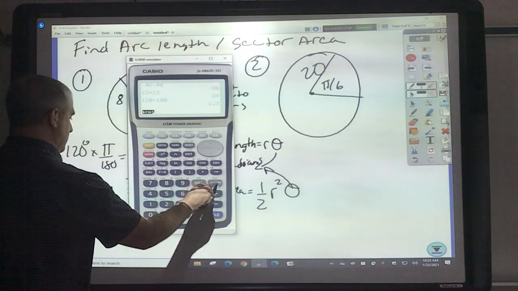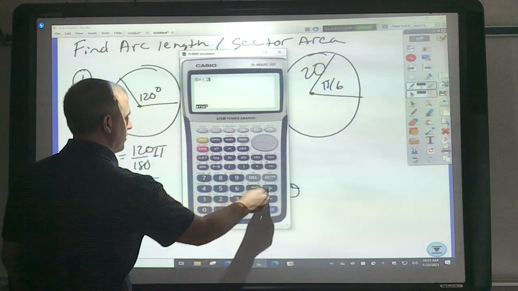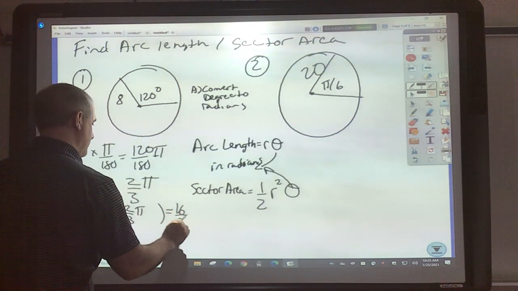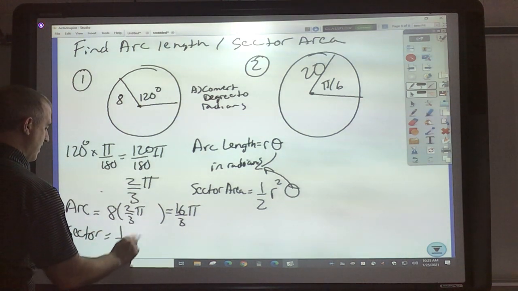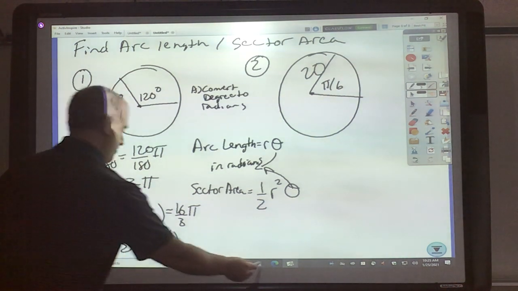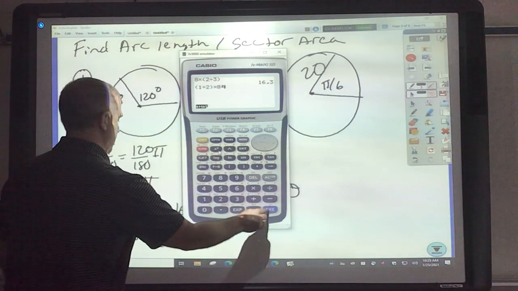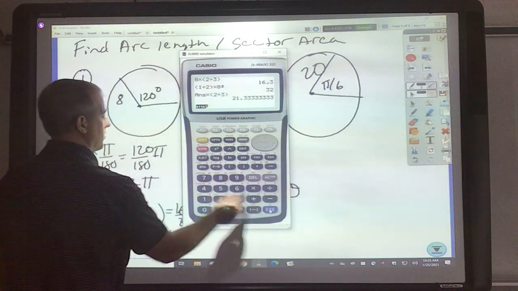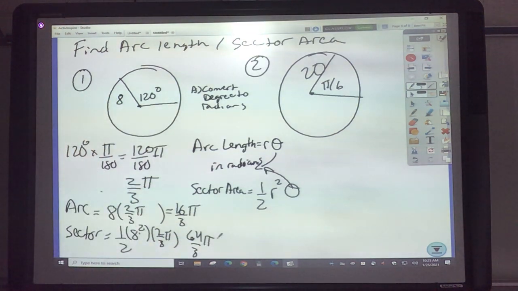So 8 times 2/3 gives a fraction, 16/3 pi. For the sector area, this is 1/2 times 8 squared times the same 2/3 pi. Get yourself a fraction again, that's 64/3 pi. It's that simple.